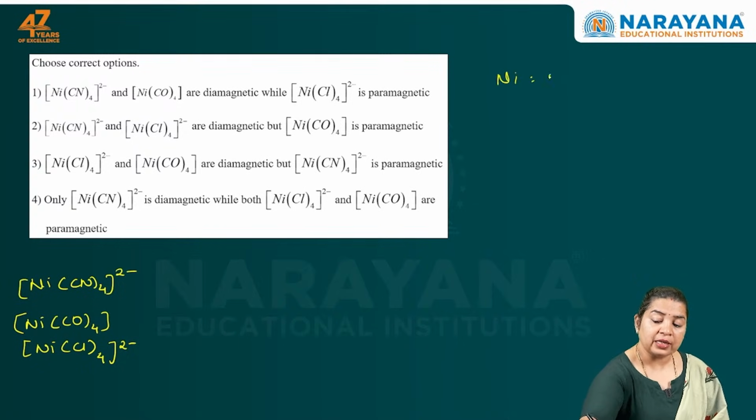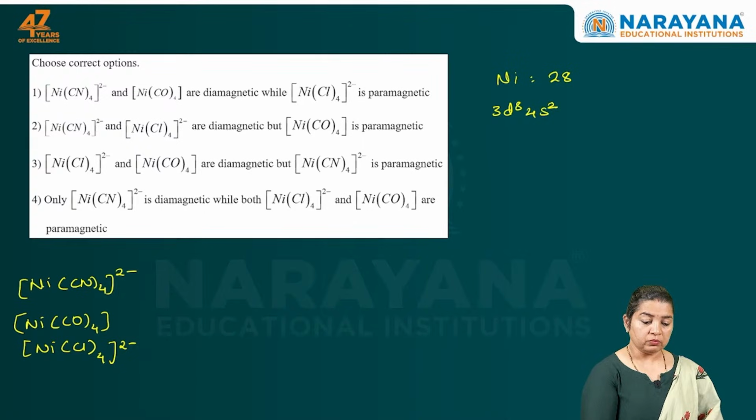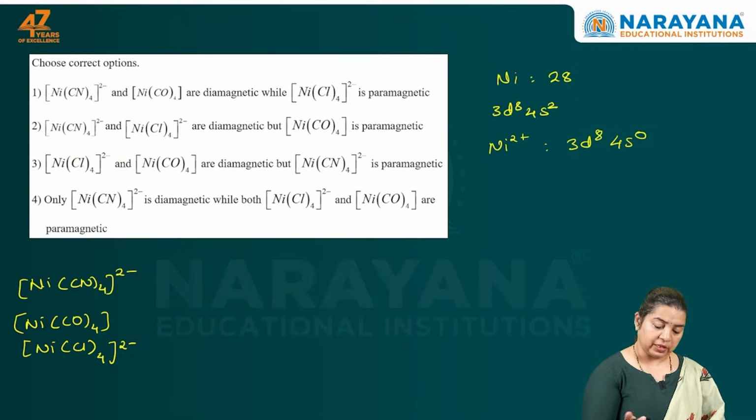So, nickel is atomic number 28, it is 3d8 4s2, and wherever it is Ni2+, I will have 3d8 4s0. Okay, fine. So, let me start.